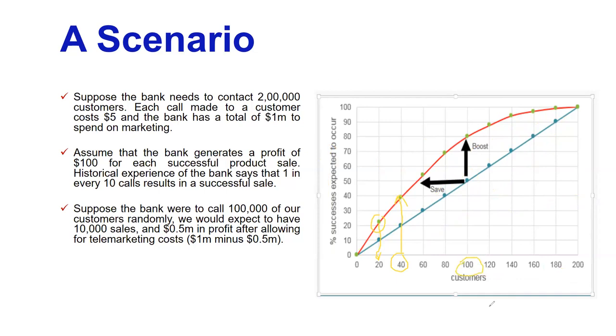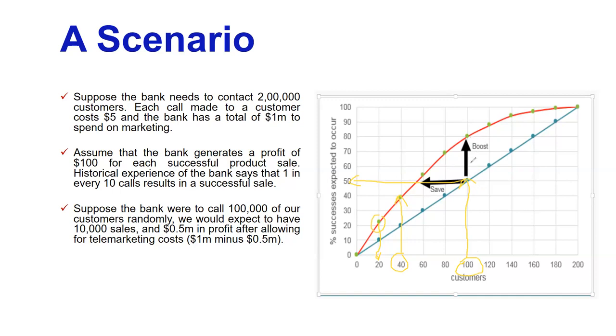100,000 customers. Imagine the base model says that in reality, if 100,000 customers are contacted, the profit gained by the bank is $50 million. Our analytical model asks, are there any other ways to boost the profit?